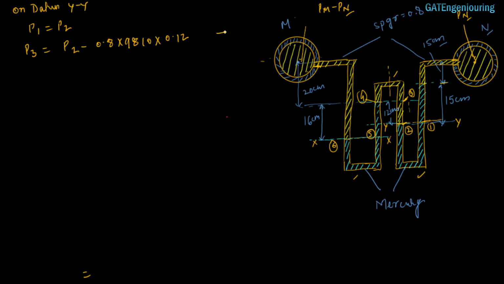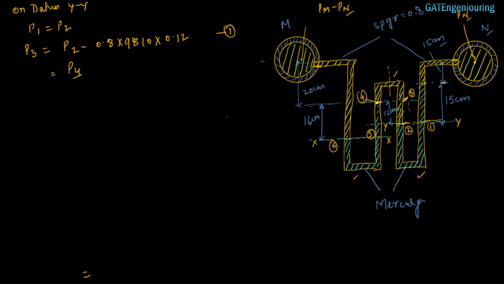This is equation 1, the relation between P3 and P2. We also know that P3 and P4 are the same, so this is also the equation for P4.